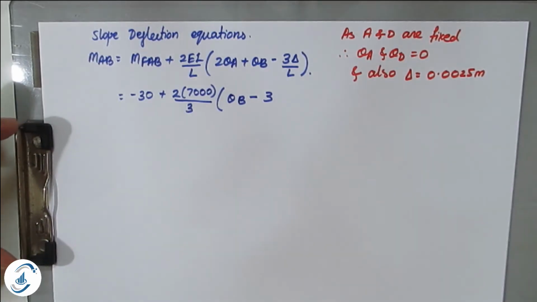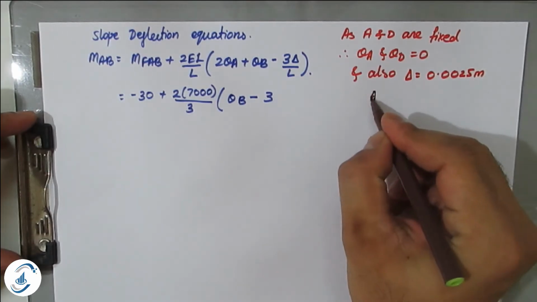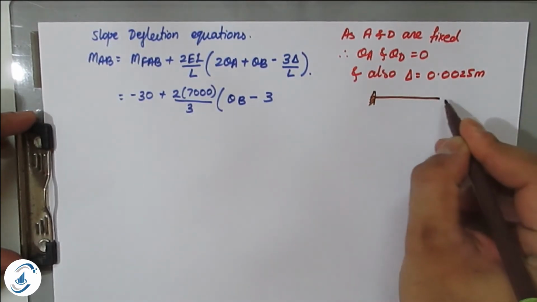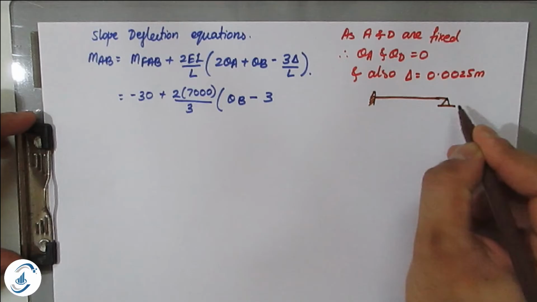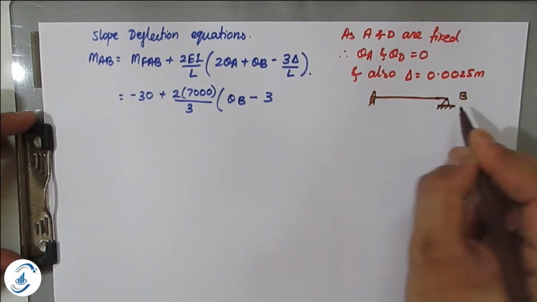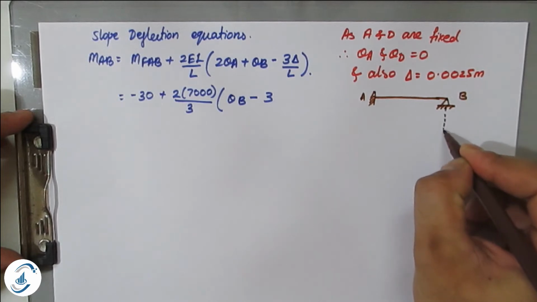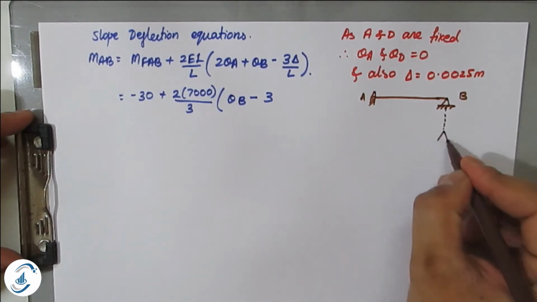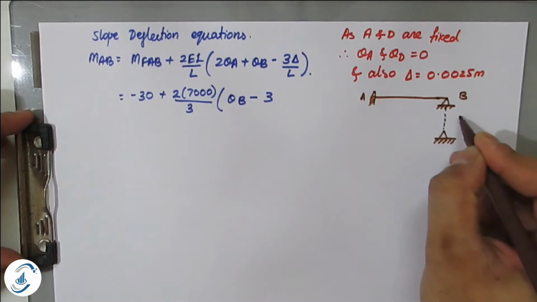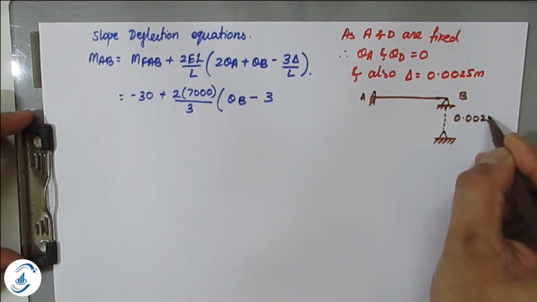Actually if you see, this is your end A and this is your support B. Now the B is sinking by some amount, and that amount is 0.0025 meter.